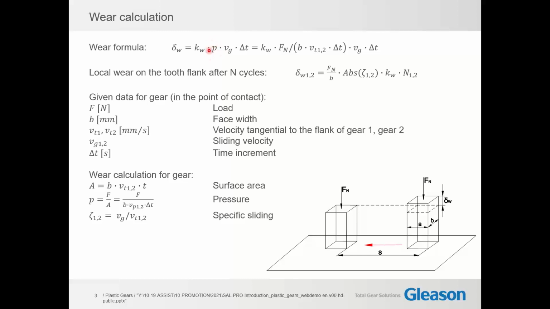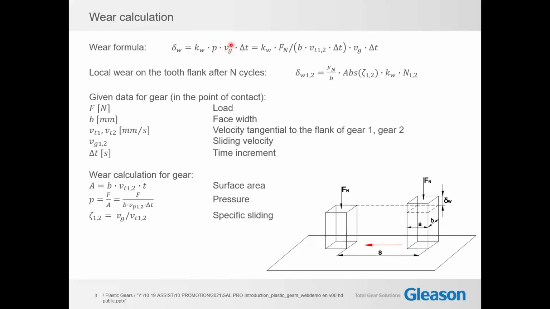The contact pressure can be calculated by formulas from gear standards or by a loaded tooth contact analysis. In the presentation today, we will look at the loaded tooth contact analysis, means a very detailed and local contact pressure distribution calculation.